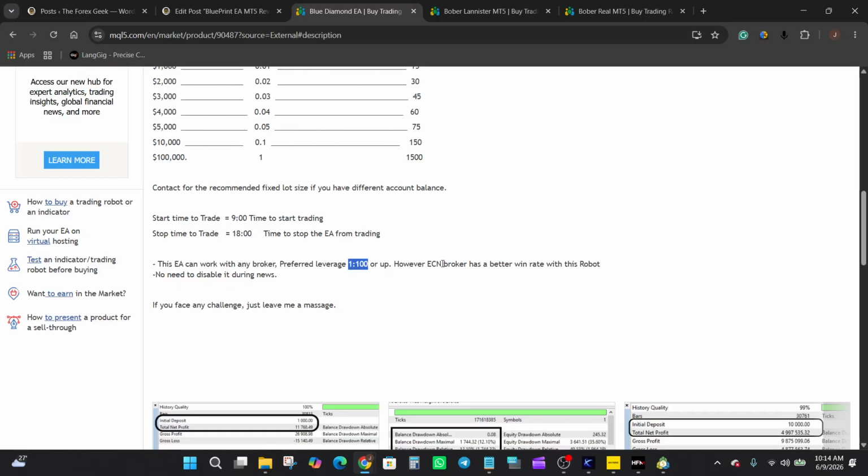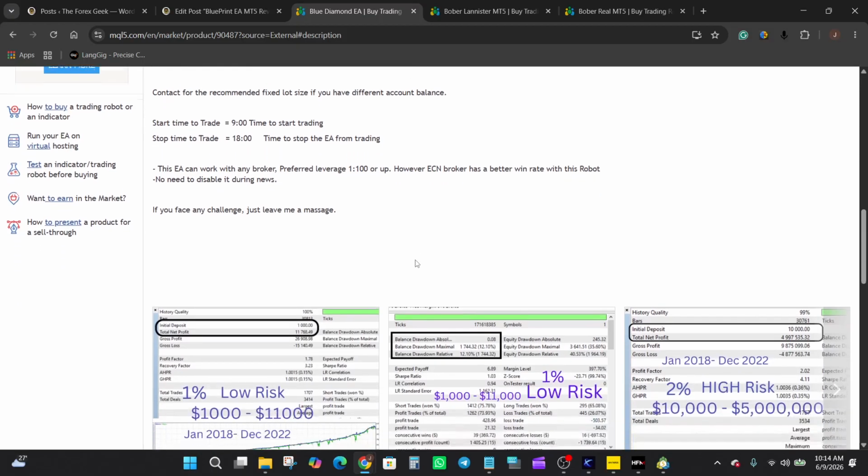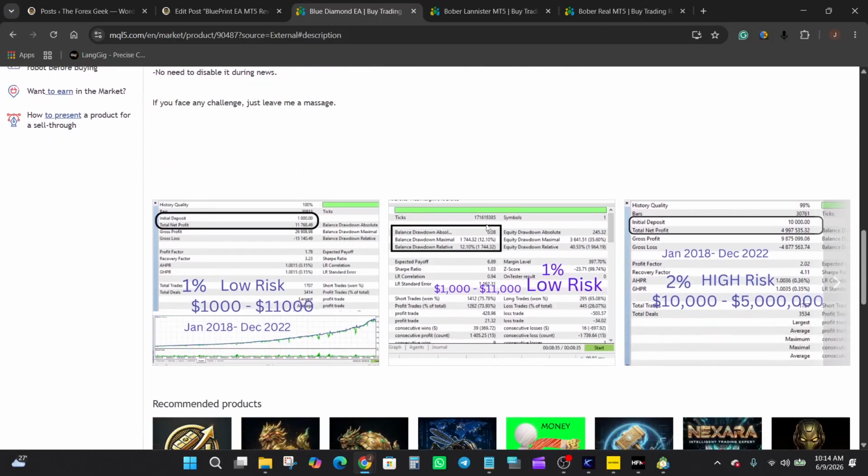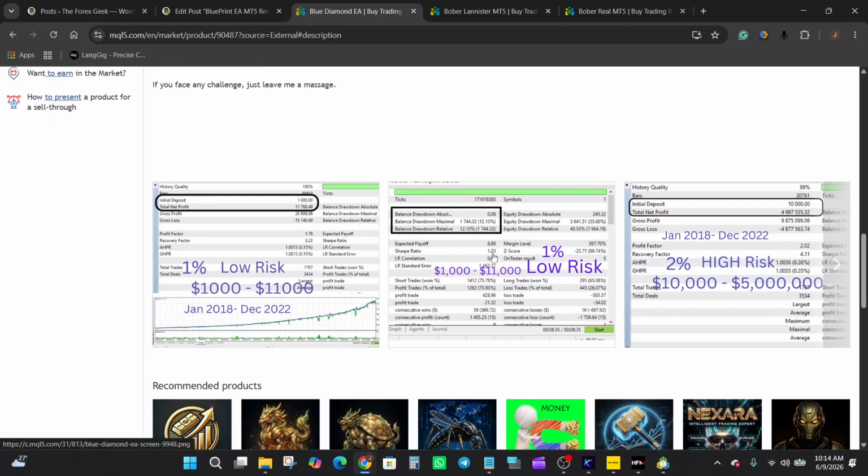Now let's move over to the historical testing section. The marketplace page provides historical backtest figures for GBPUSD on the H1 time frame, covering the period from January 2018 to December 2022.